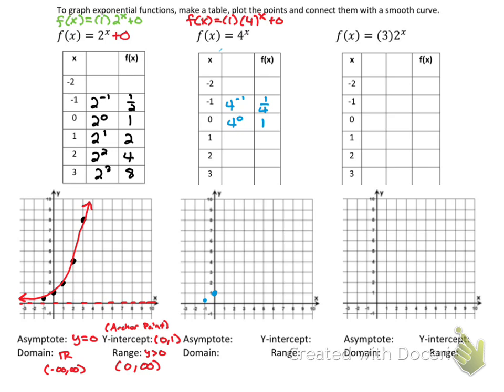So that anchor point is still 0, 1. Okay. That first point, 4 to the negative first power. Don't worry about doing the negative. Again, like Isabella said, what do we do when our exponent's negative? We flip, right? So that makes it 1/4. Then my anchor point, 4 to the 0 power. Anything to the 0 power is 1. So I have 0, 1.